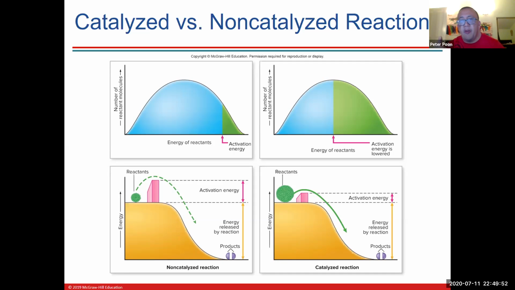Without the enzyme, you have to run up 100 stories and then come back down 101 stories. Most of you guys will not have the energy to run up 100 stories. Or you can run up 2 stories and then run down 3 stories, and most people will have the energy to do that. And so that lowers the activation energy.